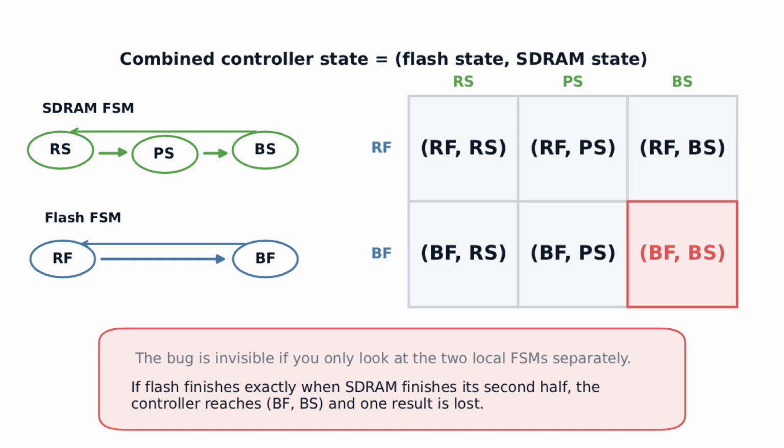And it's a particularly interesting example because the bug is invisible locally. It only appears when you look at the synchronized pair, or this kind of Cartesian product of the states that are possible between the two machines.